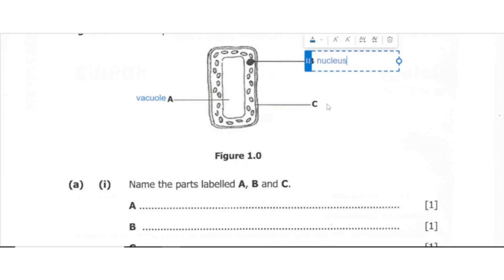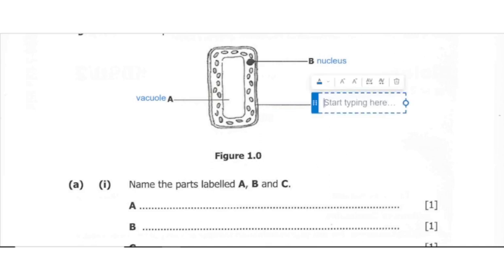What is C? If you take a closer look, C is pointing to this second line inside this cell. So that is the cell membrane. Those are the parts.